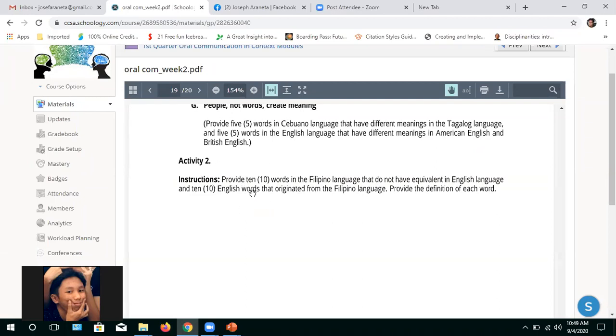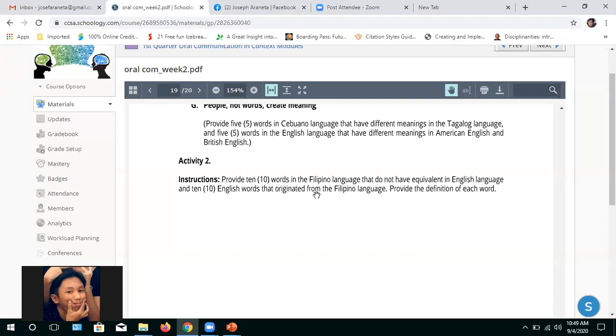Dito naman sa activity 2, provide 10 words in Filipino language that do not have equivalent in English language. Like for example, the word kilig. The word kilig has no specific or equivalent term in English language kasi it's a unique word in our language. And then 10 English words that originated from the Filipino language.